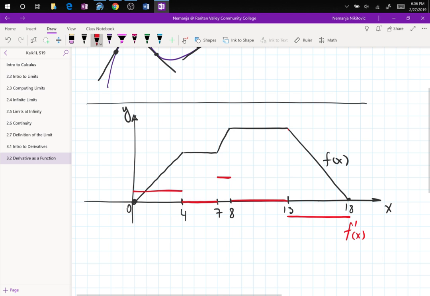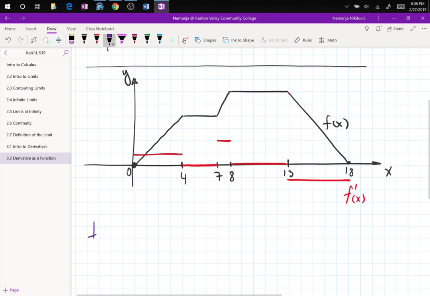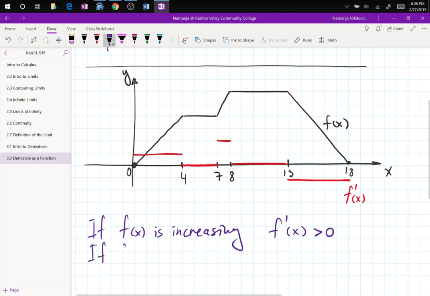Now we write that in words. If f of x is increasing, f prime of x is positive, so we just write bigger than 0. If f of x is constant, f prime of x is equal to 0.